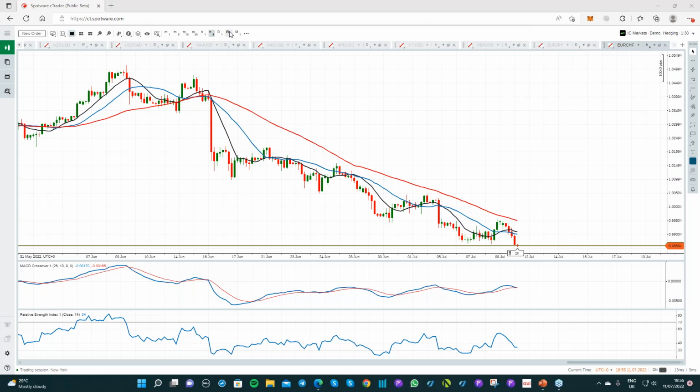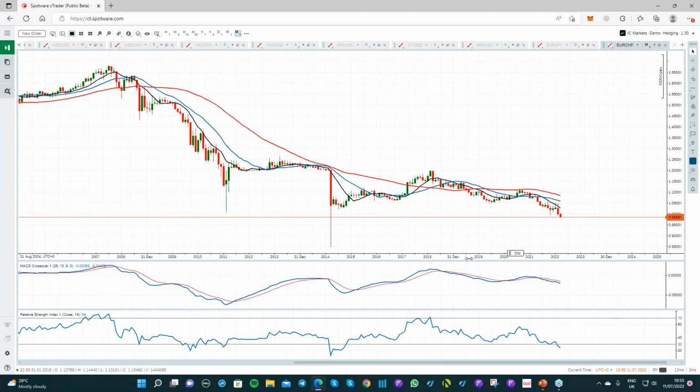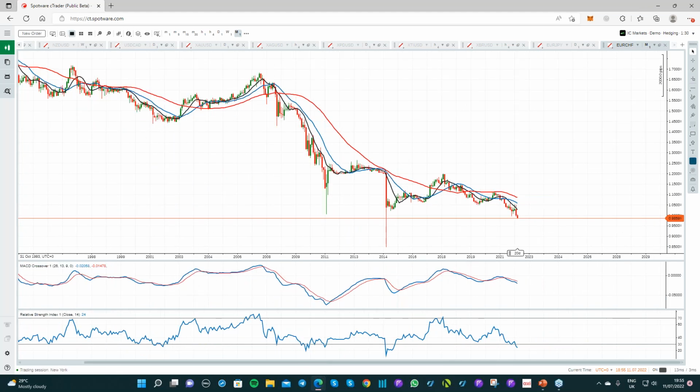So Euro Swiss, I'm going to go up to the monthly time frame. And I'm going to put this level of support down here. Now, these spikes in price action were caused by interventions.